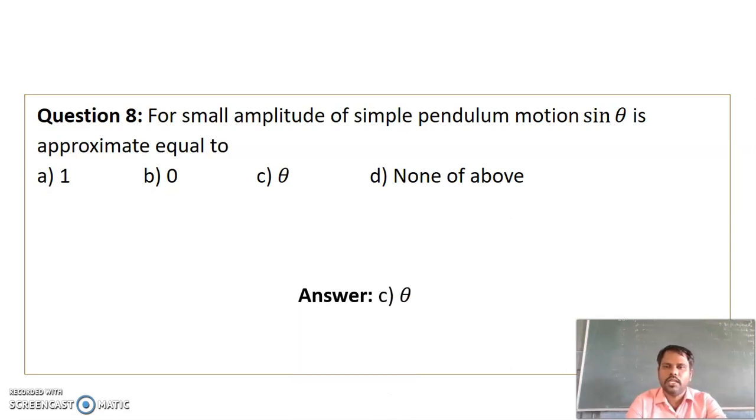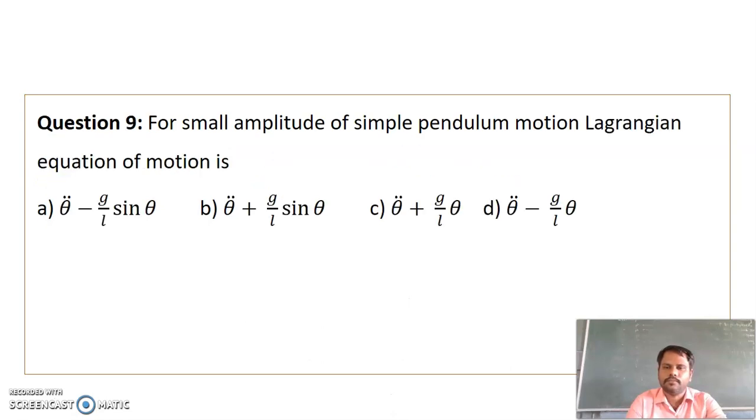So the answer is option C. Question number 9. For small amplitude of simple pendulum motion, in the general equation of motion you need to replace sine theta by theta. So the option is C.